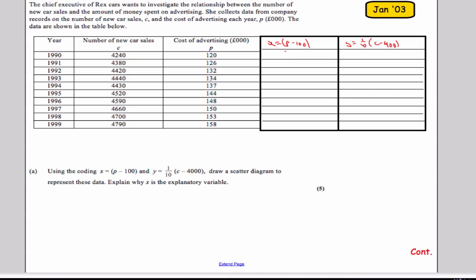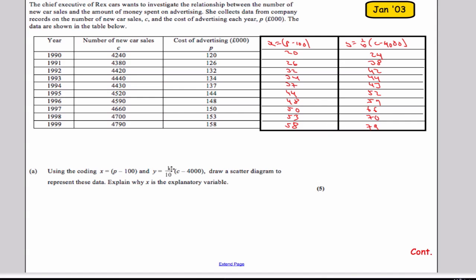P minus 100, we're going to get 20, 26, 32, 34, etc. And then C minus 4,000 and divided by 10. So I'm going to get 240 divided by 10, I get 24. And then I'm going to get 38, etc. So again, I'm going to pause the video here and just fill out this table. Okay, and you should have something like that.